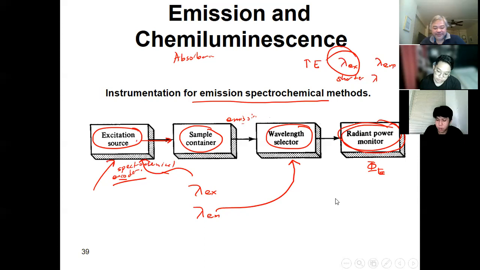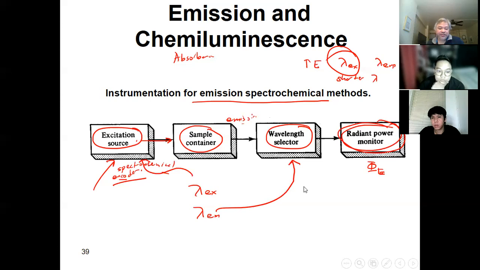So in some spectrochemical methods, the excitation source and sample container are an integral unit, as in the nebulizer or burner used in flame emission. Meron tayong FES, flame emission spectroscopy, or FAES. Or yung reaction cell na ginagamit sa luminescence.